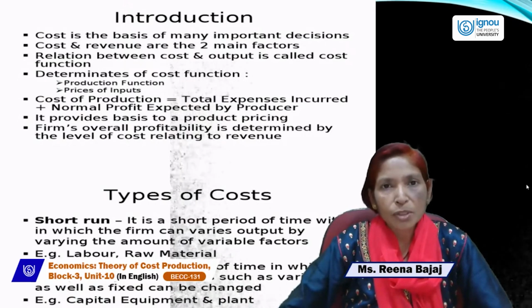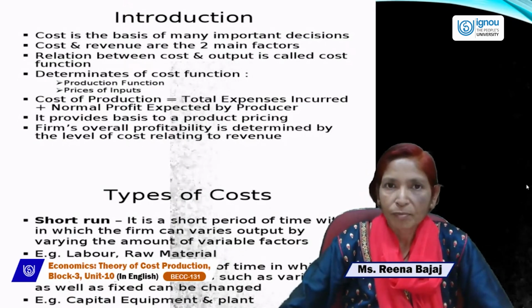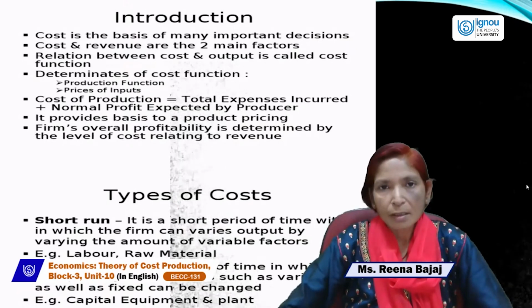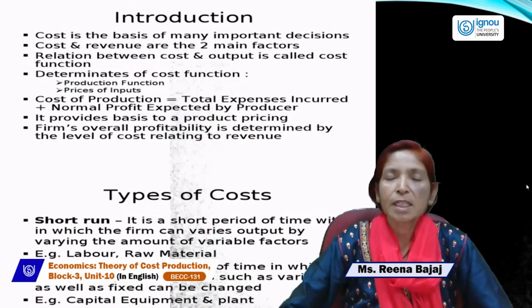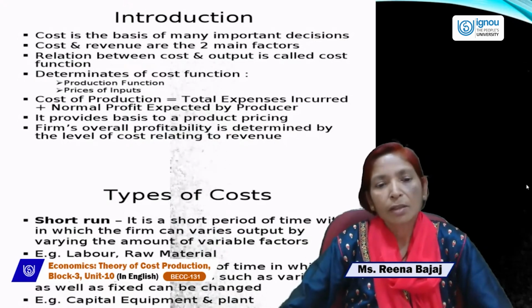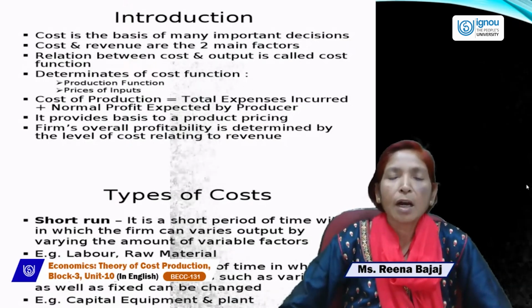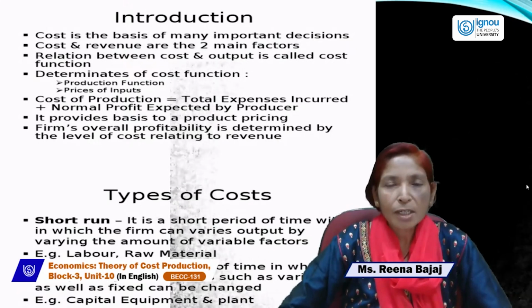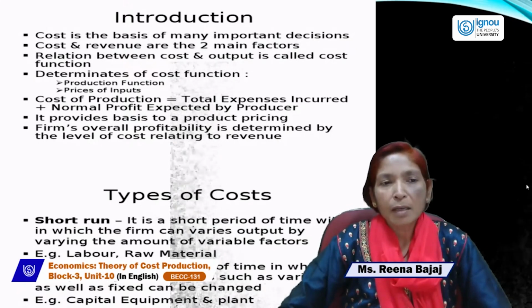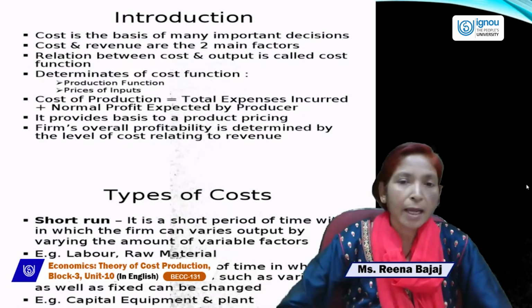Whenever goods are produced, we must use factors of production, and the cost incurred in this process in the production of goods and services is called cost of production. The cost and output relationship is called the cost function. The cost function mainly describes the functional relationship between cost and output.